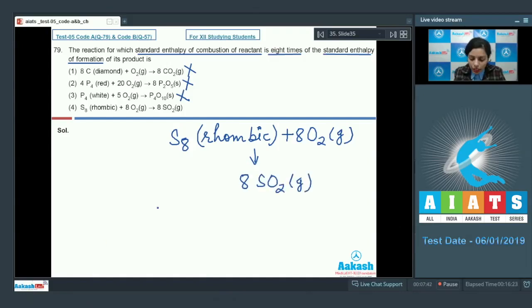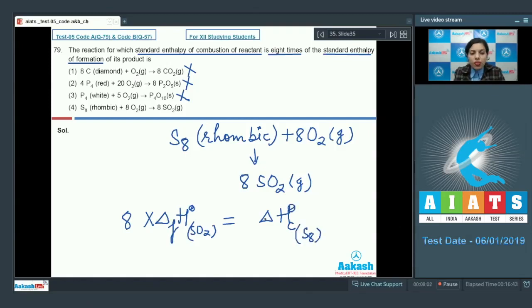And in this particular case, the standard enthalpy of formation of SO2 is 8 times that of standard enthalpy of combustion of S8. And that's why this is our answer also. I'm just choosing it as the correct one.